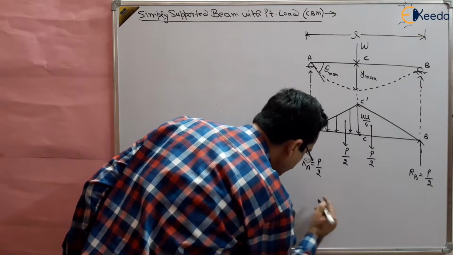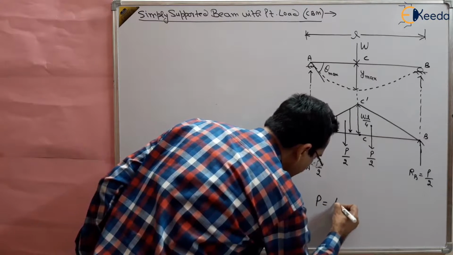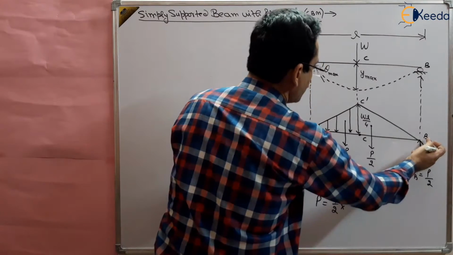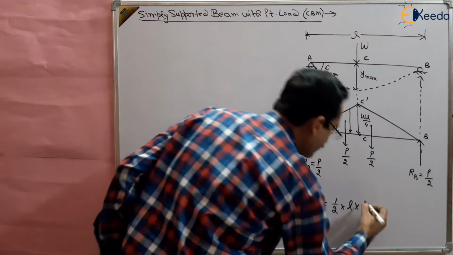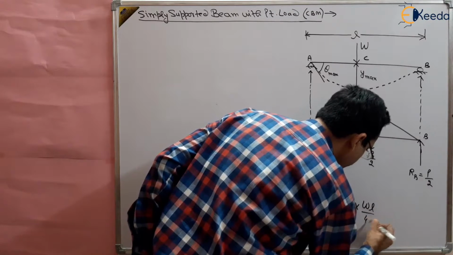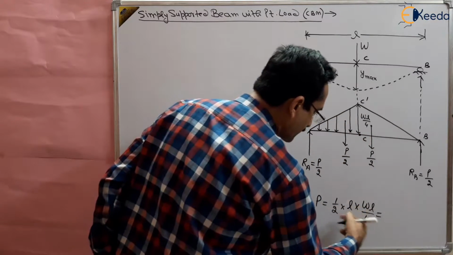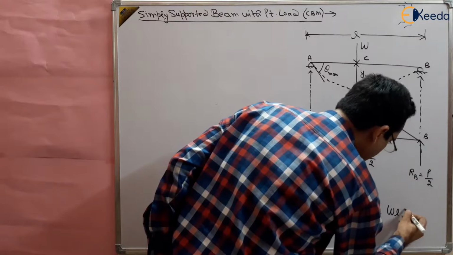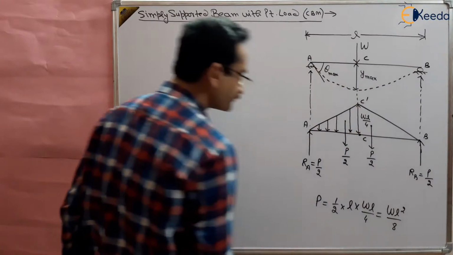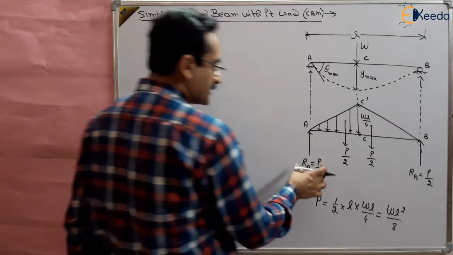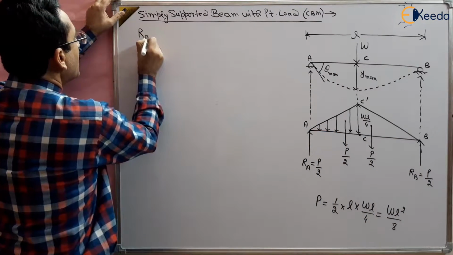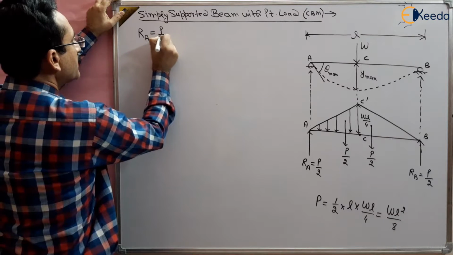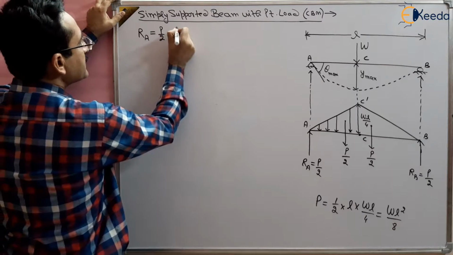So P will be equal to half multiplied by the total base L multiplied by height, and height is WL by 4. So this will be equal to WL square by 8. So total load is WL square by 8 basically. And half will be shared by RA and half will be shared by RB. So RA will be equal to P by 2, which is equal to WL square by 16.